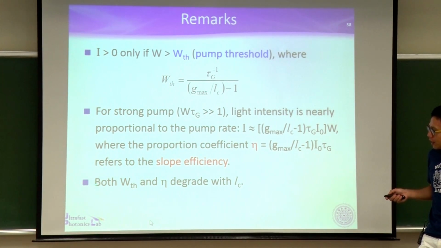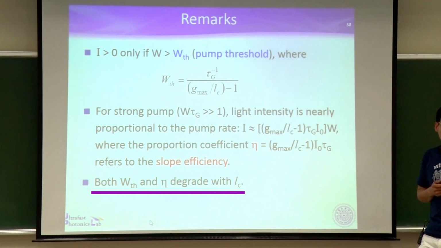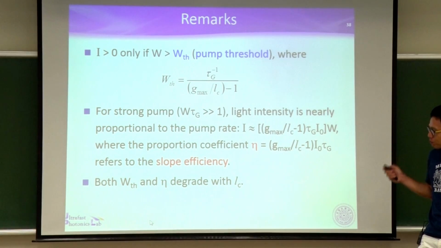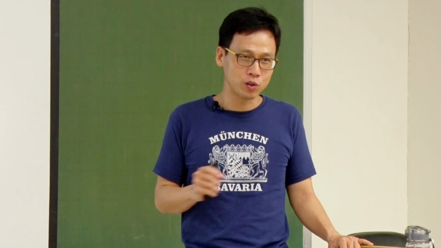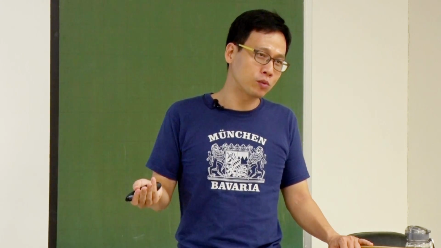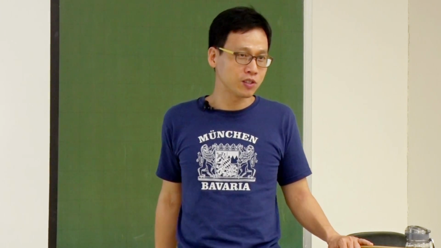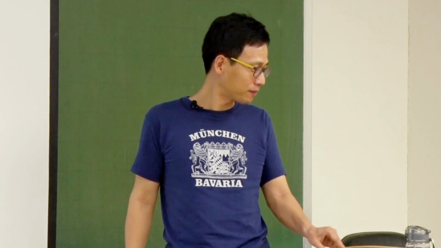And in any case, both pump threshold and the slope efficiency will degrade with the cavity loss. So cavity loss is the bad thing. If you have a bigger cavity loss, anyway, the laser behaves worse. Bigger pump threshold, smaller slope efficiency. Okay. Any question?